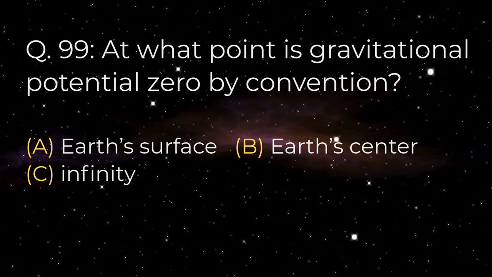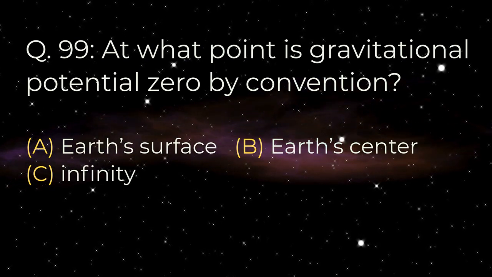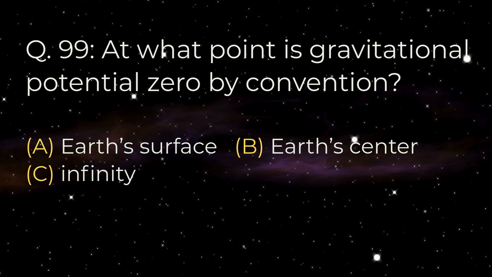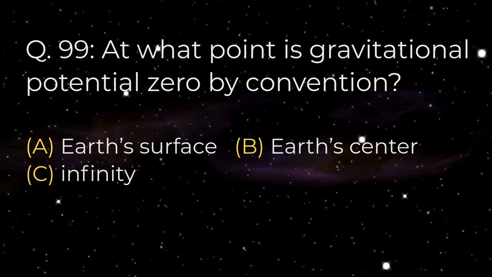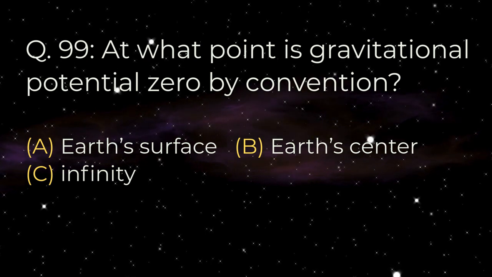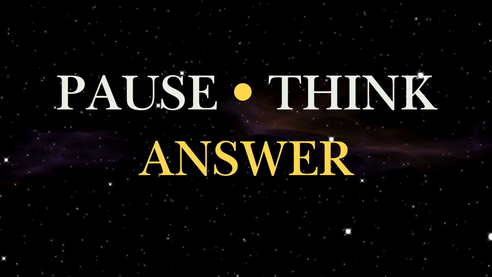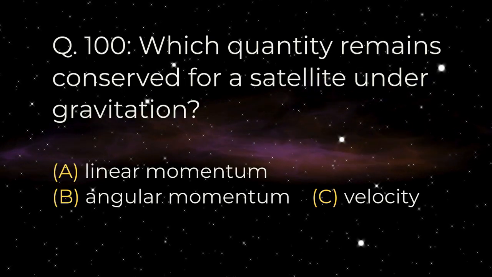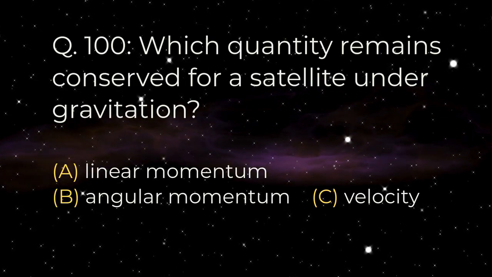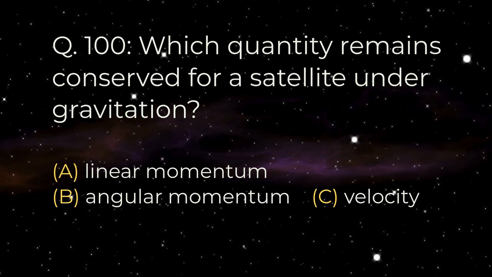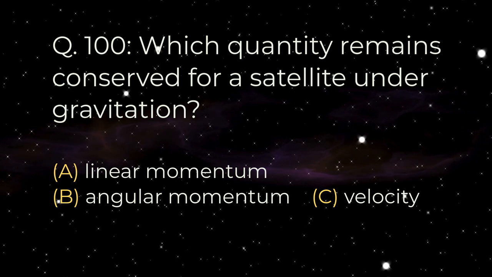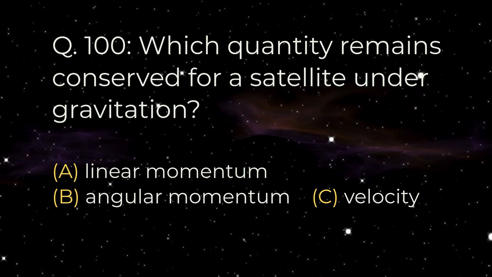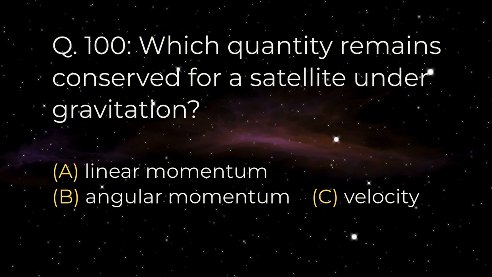Question 99. By convention, gravitational potential is taken as 0 at: option A, Earth's surface; option B, Earth's center; option C, infinity. Question 100. Which quantity remains conserved for a satellite under gravitational force? Option A, linear momentum; option B, angular momentum; option C, velocity.